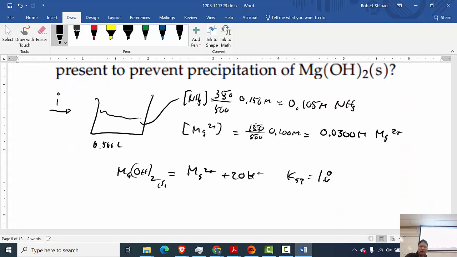So I recall 1.8 times 10 to the minus 11. All right, so let's go ahead and figure out how much hydroxide. And so here's the initial magnesium. What is the initial hydroxide? Well, we're out of time, unfortunately. So the initial hydroxide, we're going to have to do a KB calculation to figure that out. Okay, so anyway, we'll continue tomorrow.